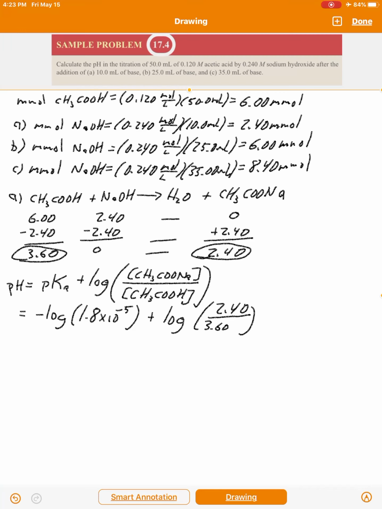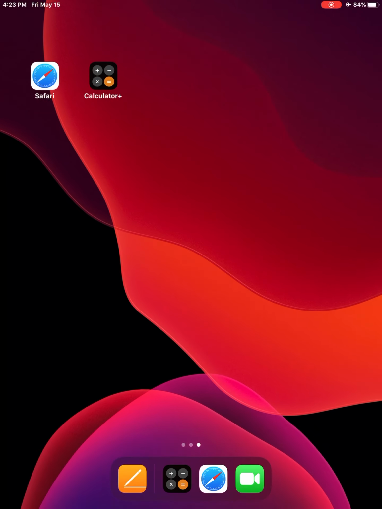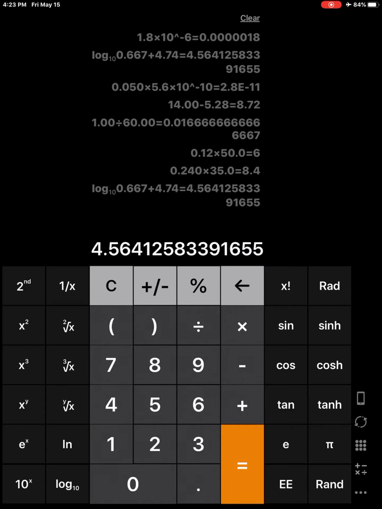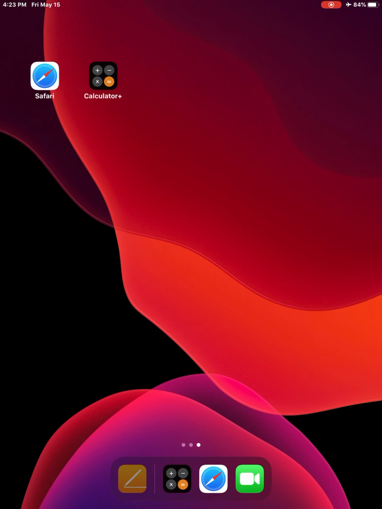The negative log of the Ka is 4.74 if you put that into your calculator. And so this would be the log of 0.667, right? 2/3. So all we got to do is add that to the 4.74. So 0.667 log plus 4.74, and you get 4.56. Okay, there we go.